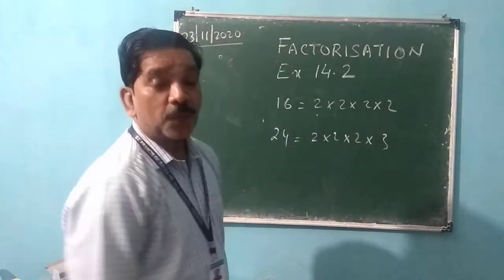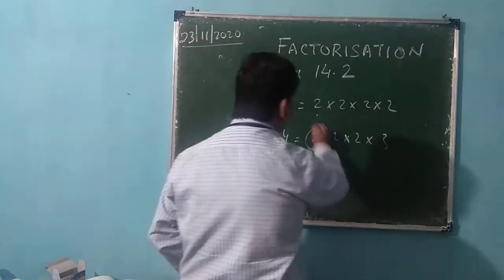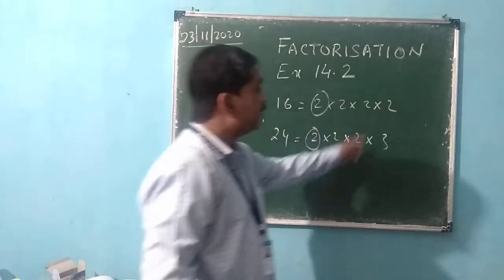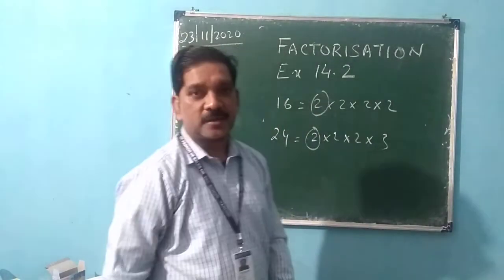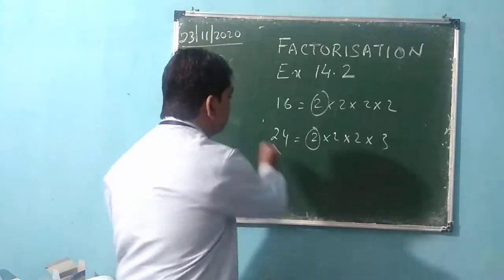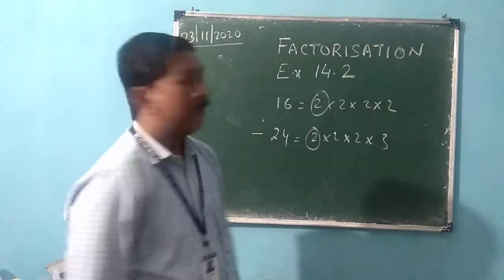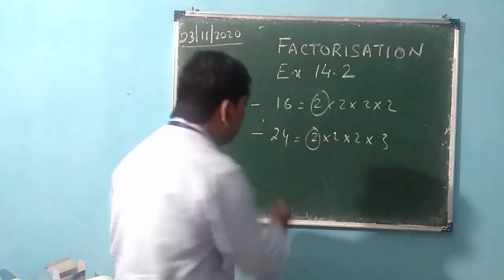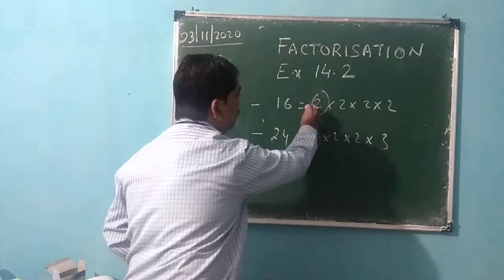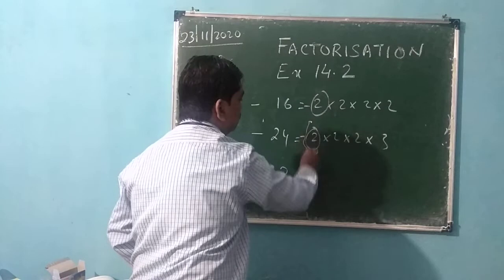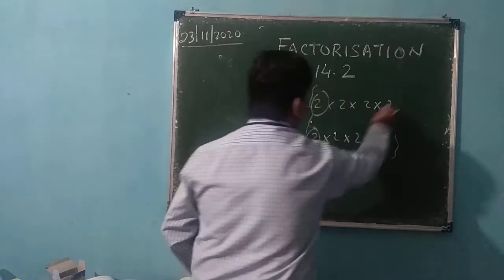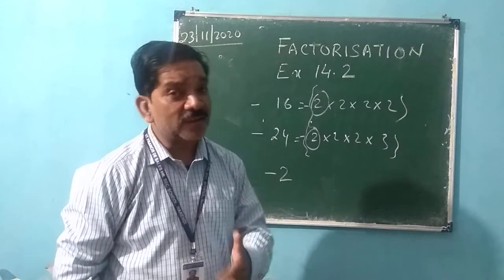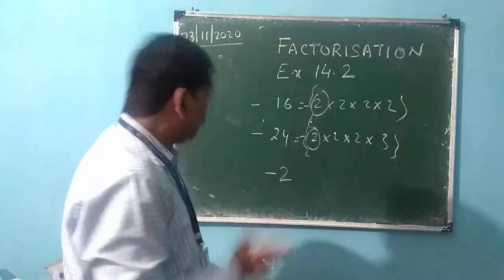Now, what are the common factors here? 2 and only 2. 2 is the common factor. Here 3 is not there, so 3 is not the common factor. Correct? Suppose there is minus here, and here also minus. In that case, minus 2 will be the common factor. This is what we did in our last classes.